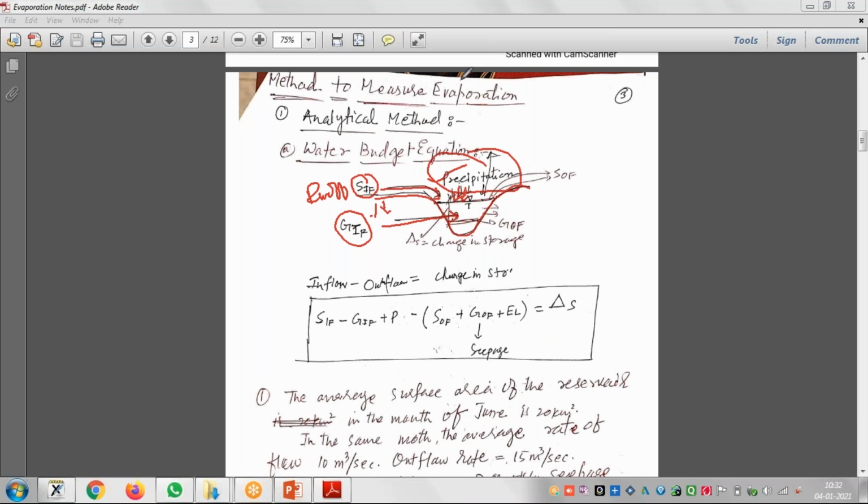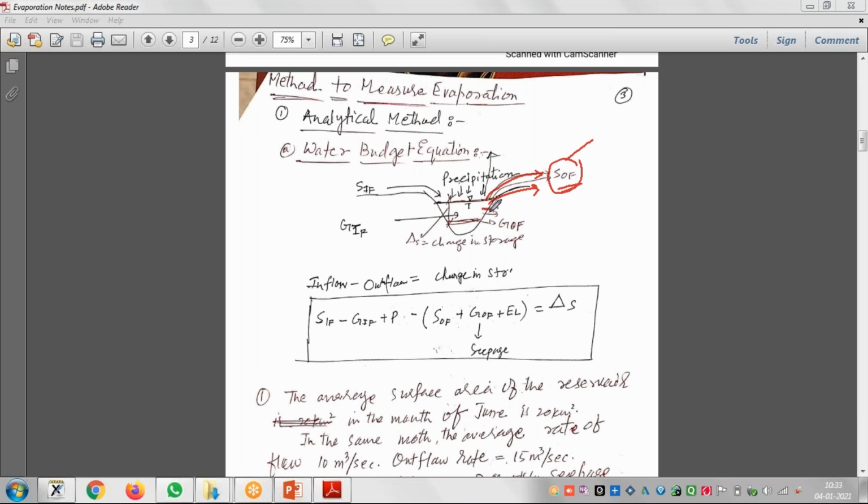Now once this water comes into the river, at the same time some amount of water will be used for crops, or for a hydropower project, or any other purposes. So this is surface outflow, meaning the use of water.